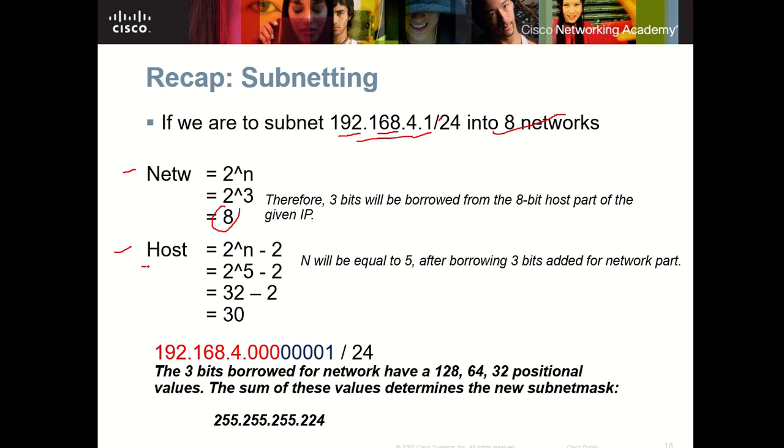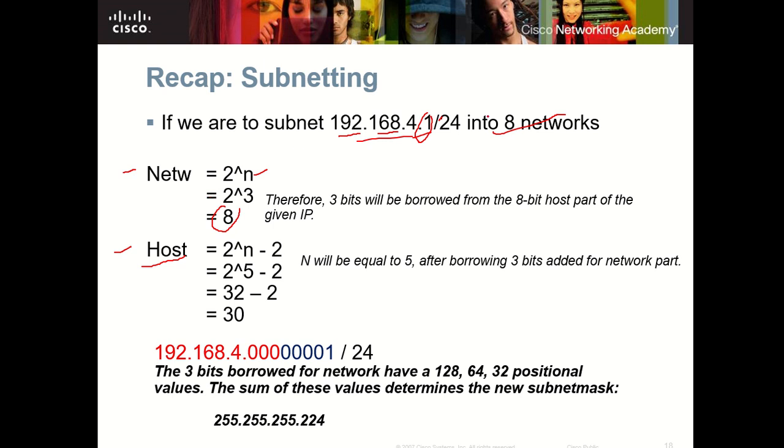The host address's purpose is to determine the number of workstations per network or per subnet. To get the number of networks, we need to make use of the equation 2 to the power of n, where n is the number of bits to be borrowed from the host part.